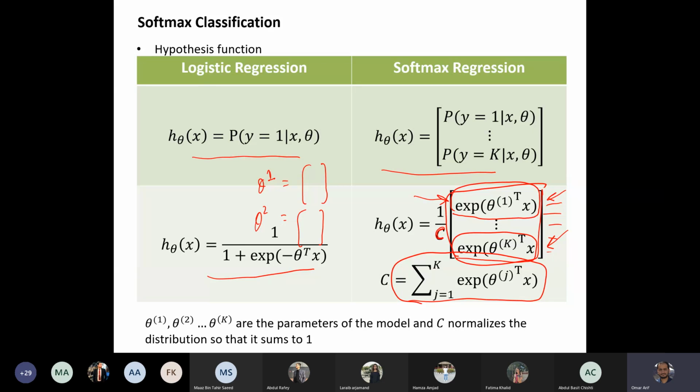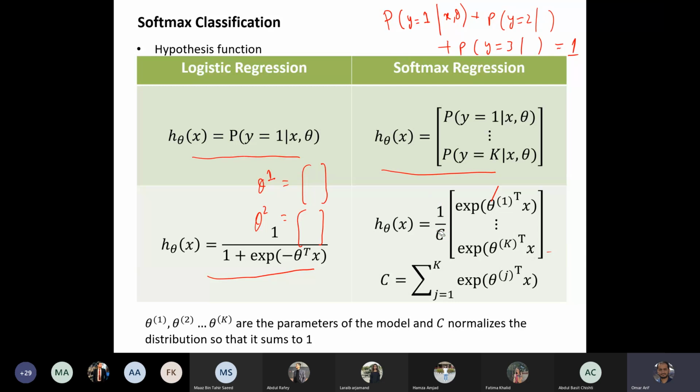And this is what I want, because if I have, let's say, 3 classes, then the probability that the input x belongs to class 1 plus the probability that it belongs to class 2 plus the probability it belongs to class 3 should sum up to 1, or otherwise it's not a probability distribution, right? So this is what we want here, and this is how we achieve that.